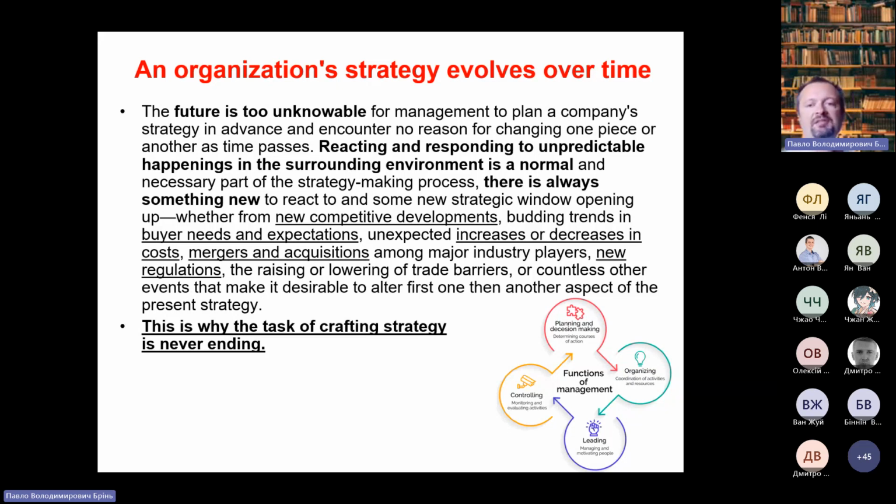So, at this stage, management sets all the objectives for the company, and to support every objective, management of the company must define the tasks, some pieces of activity by which every objective will be supported.